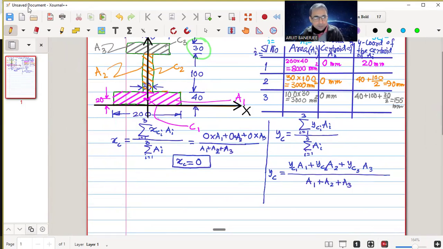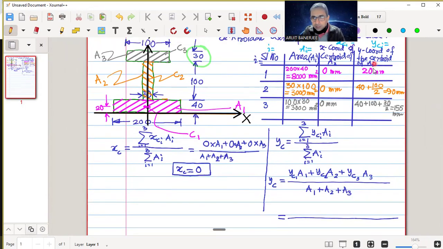So what is yc1? Yc1 is this one, 20 mm, right?